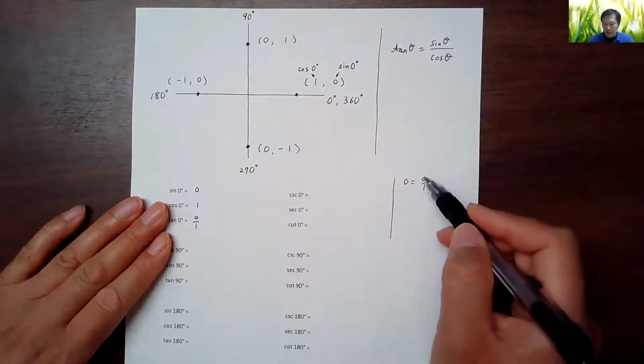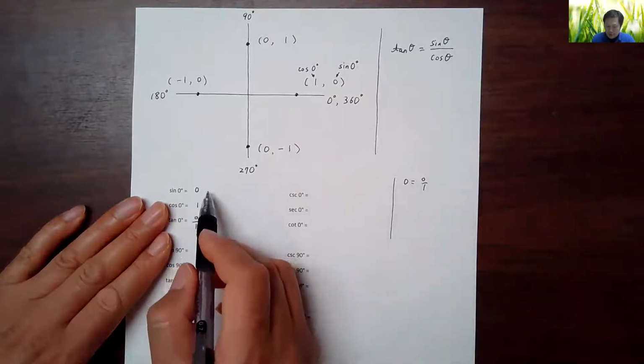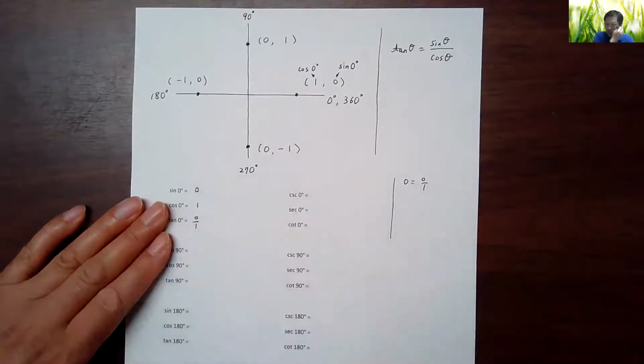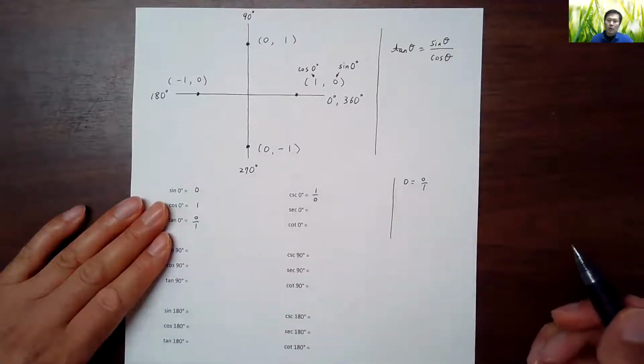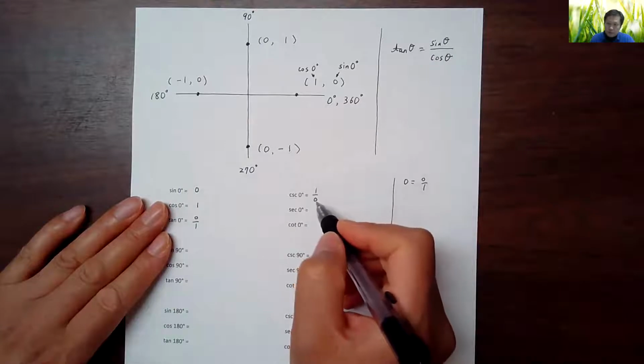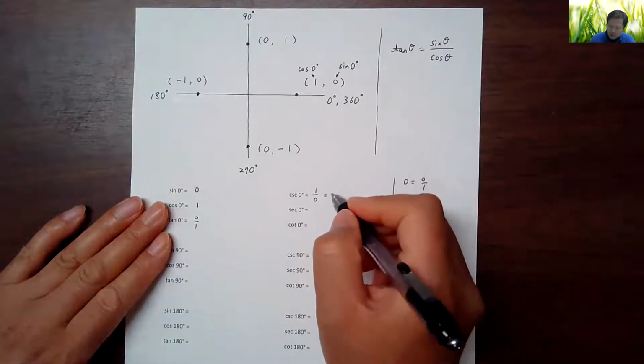As long as you have 0 as a numerator, the denominator can be any other number which is not 0. So 0 is the same as 0 over 1, and you are taking the reciprocal of it, which becomes 1 over 0. As a fraction, 0 cannot be in the denominator, so it becomes undefined.